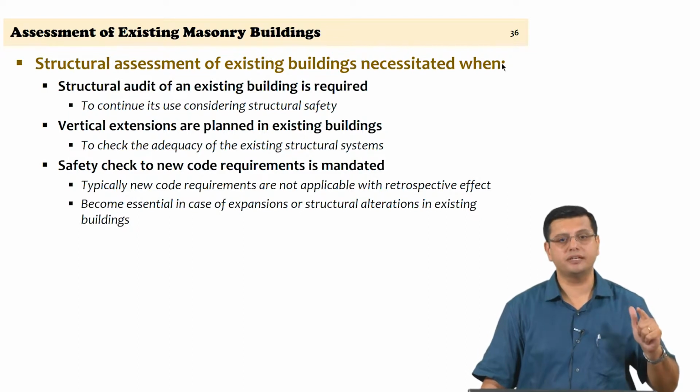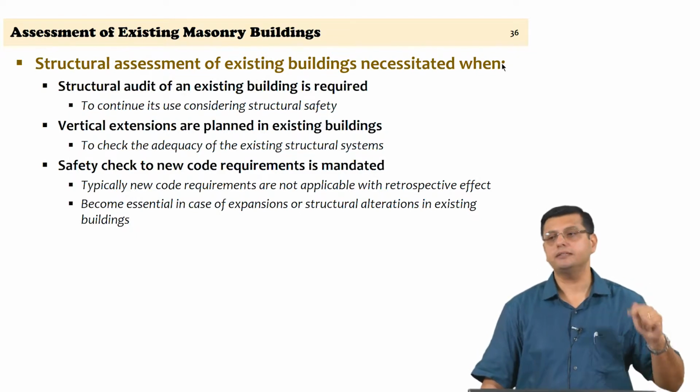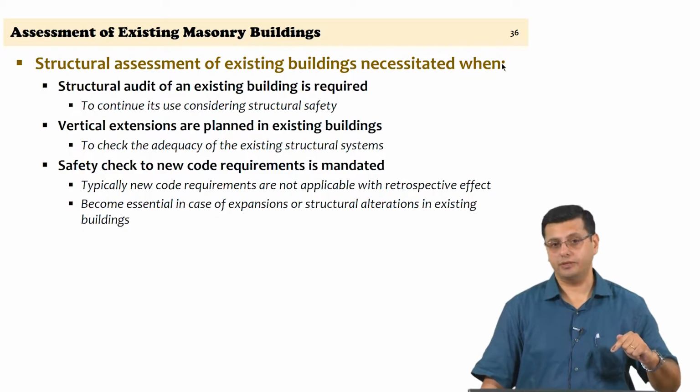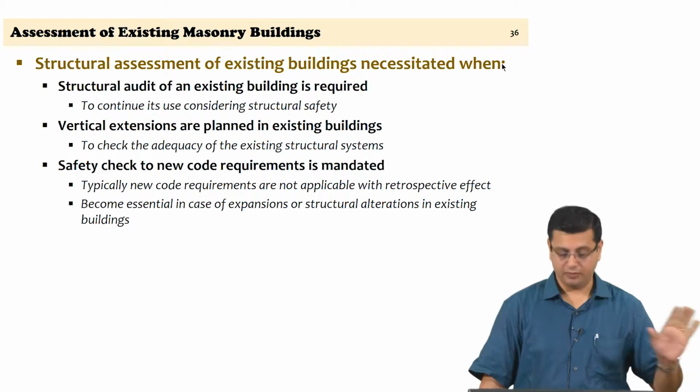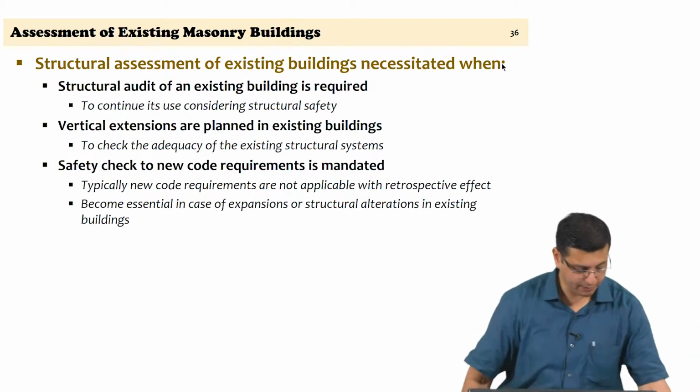So whenever there is alteration, there is a requirement that you comply with the new codal requirements, though the existing building might have been constructed in the pre-codal regime. So this is something that you must keep in mind.